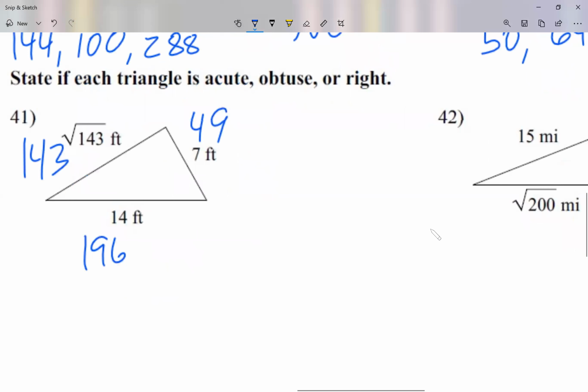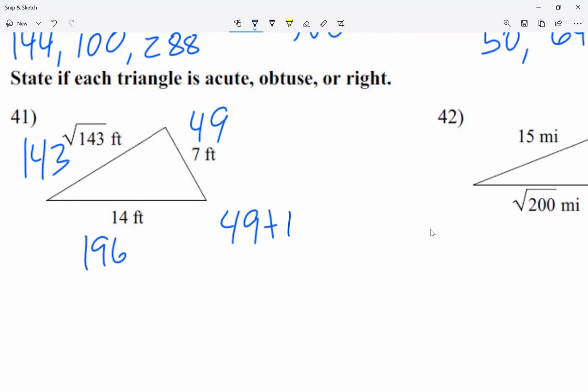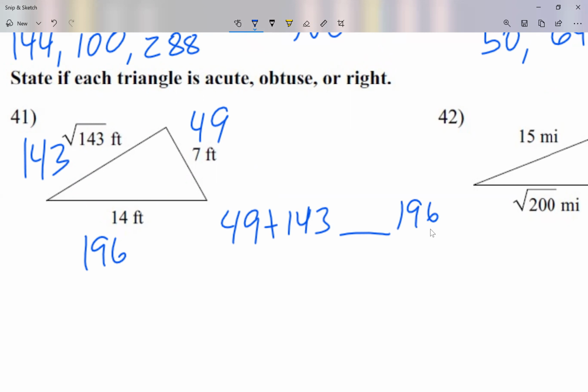So I'm going to combine the two small numbers. So 49 plus 143. Let me leave a space because I don't know if I get the less than, greater than, or equal to sign. And then 196. Now 49 plus 143 is 192.